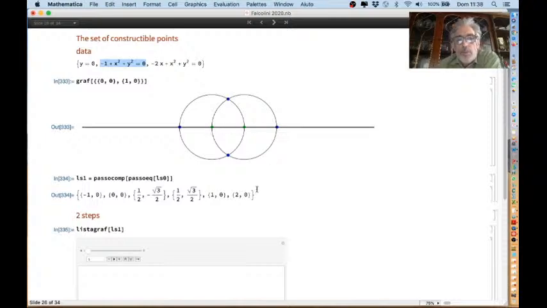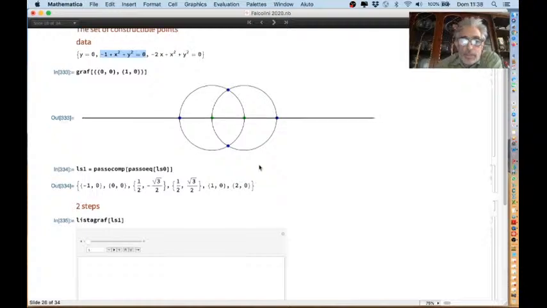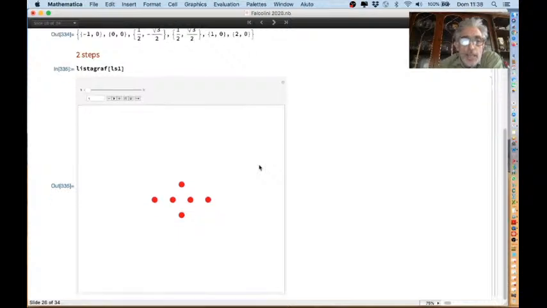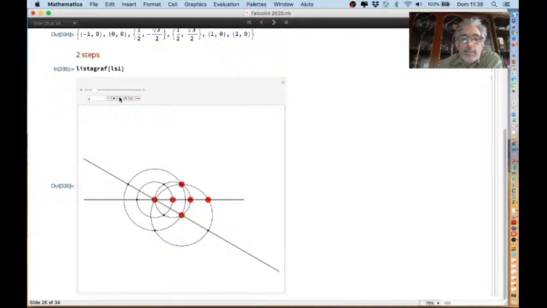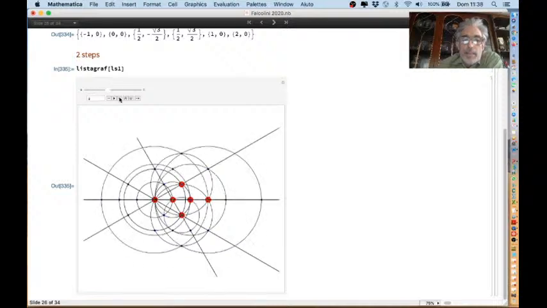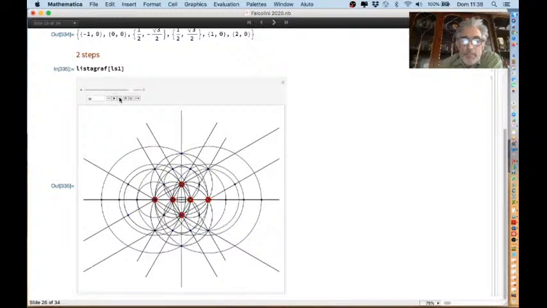So in one step we have 6 points. We start from the first 2. In 2 steps we can do the same, but we get many more points, as you can see. So we get many intersections and many more points.